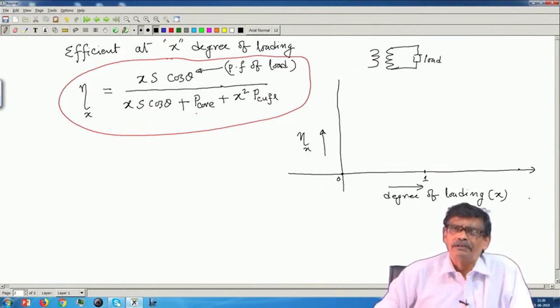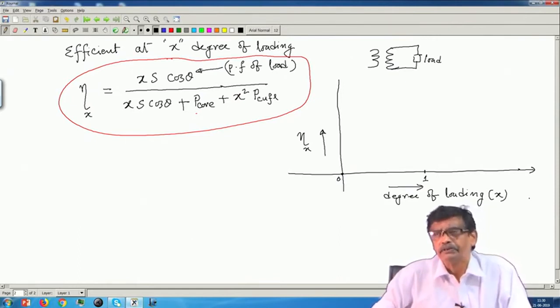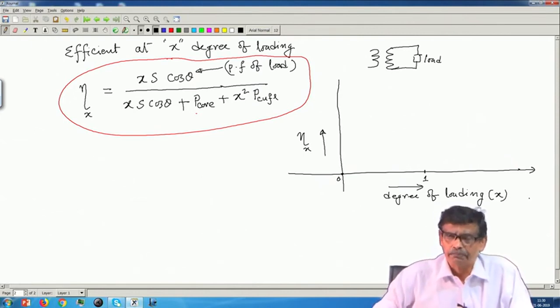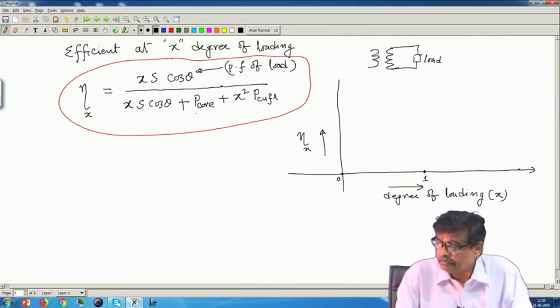The transformer is not run continuously under overloaded condition, but for a brief period you can overload it by 10%, 20%, and then the value of x goes up. Anyway, this point corresponds to full load and this point to no load.